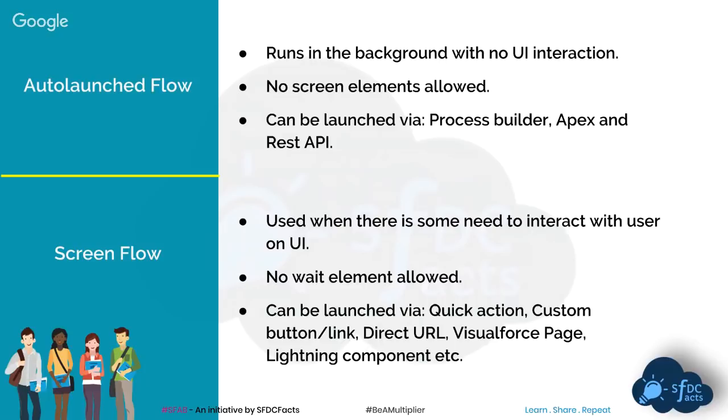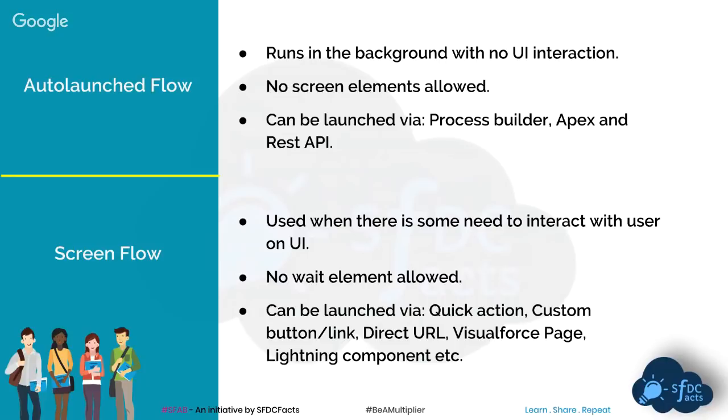When we create a flow, we'll see how we can set the type of flow, and according to our needs we can change the type, whether we want an autolaunched flow or a screen flow. So now let's see what an autolaunched flow and a screen flow are.